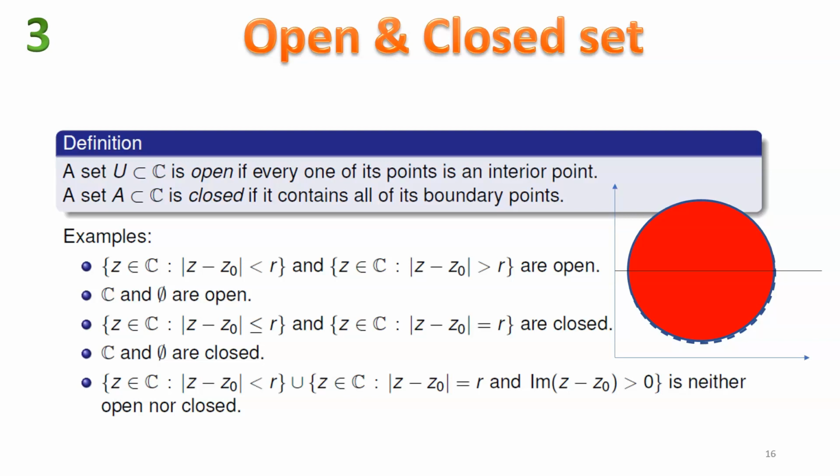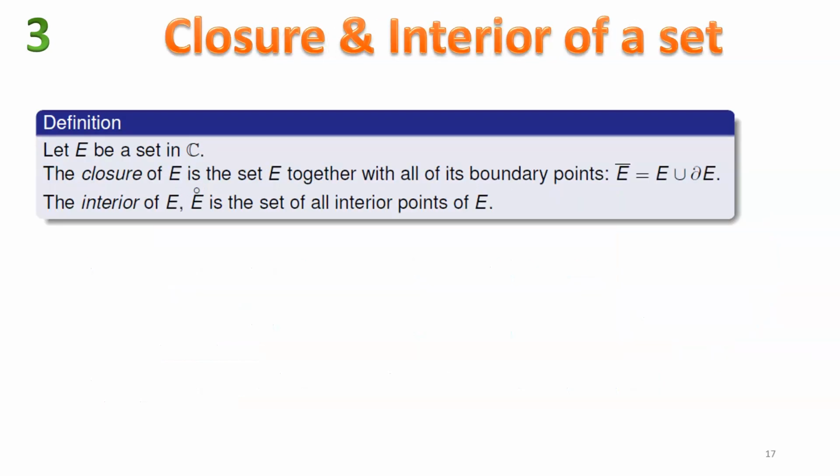So here we are considering all points which are above this line. So this set is neither open nor closed. So we are again at the definition of closure and interior of the set.